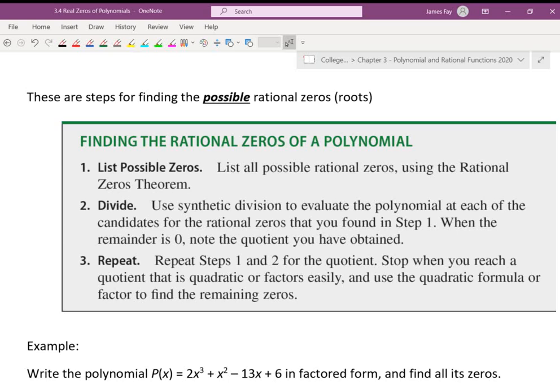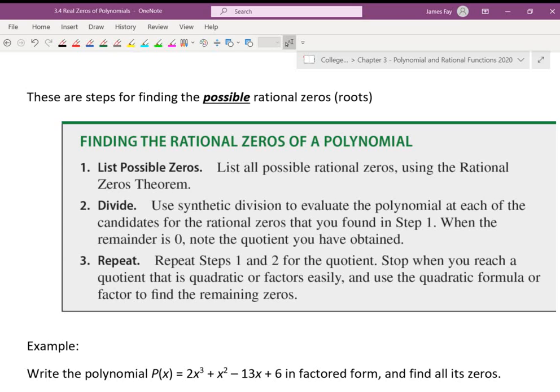Step 2 says then you're going to systematically choose values out of that list and do synthetic division on your polynomial with that value. And you're going to look at the remainder. The remainder is going to be key to us. We want our remainder to be what number? 0.